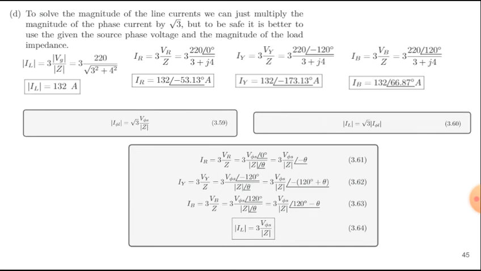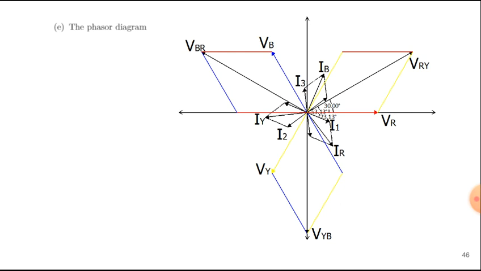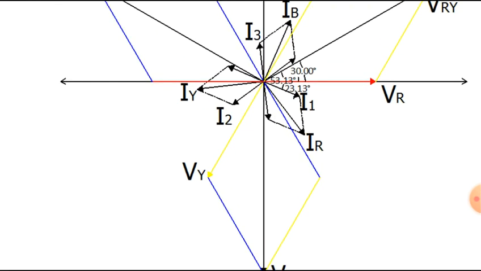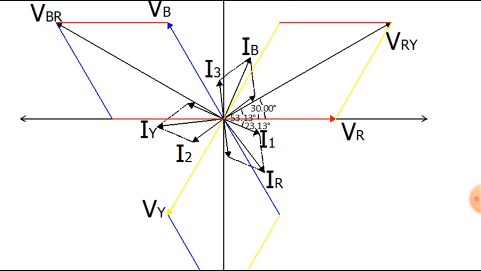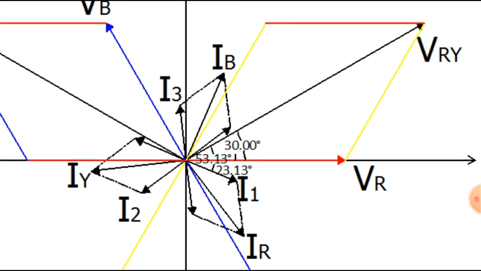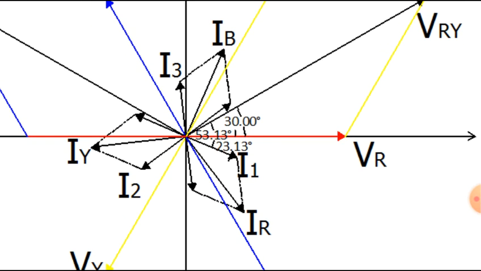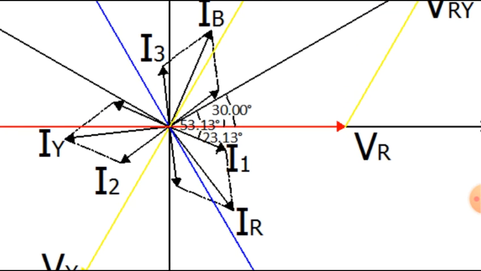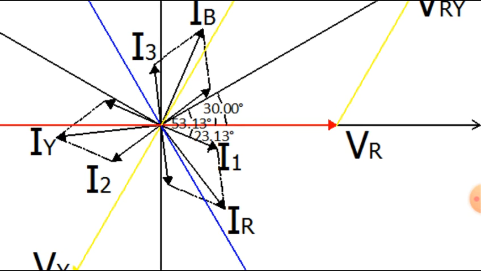For the phasor diagram, here VR is still my reference. Then VRY. Then the angle between the phase voltage and the line current, phase current is 53.13 minus 30.